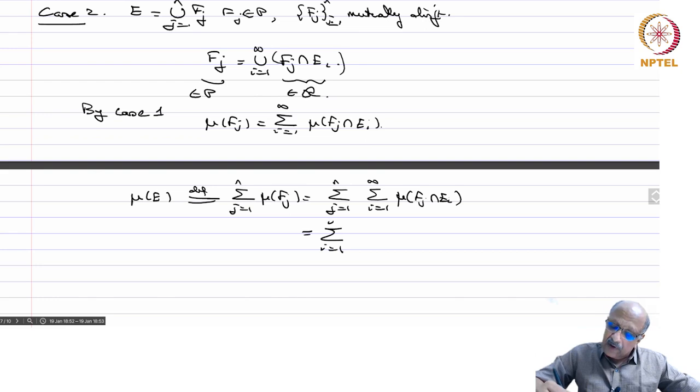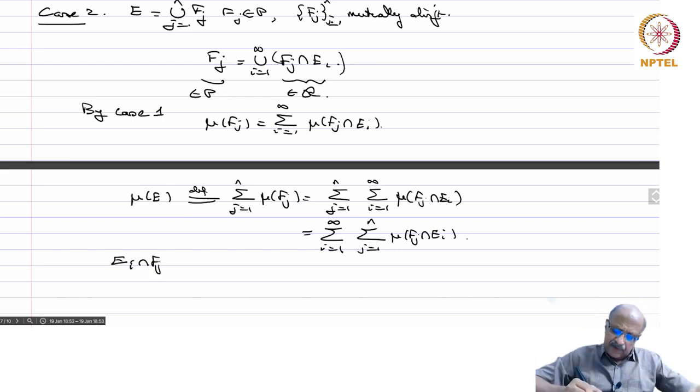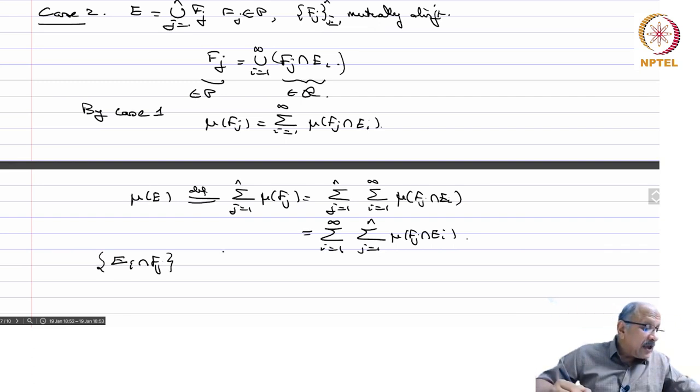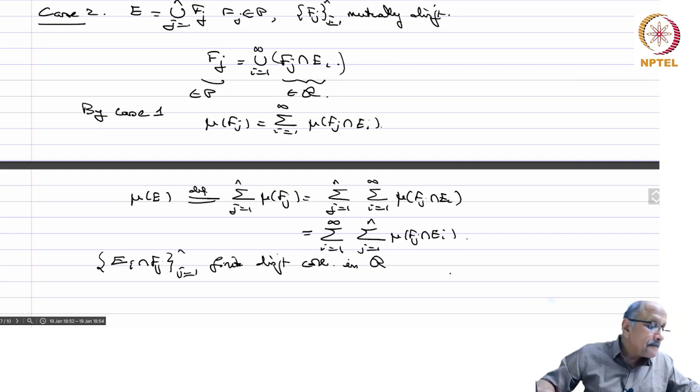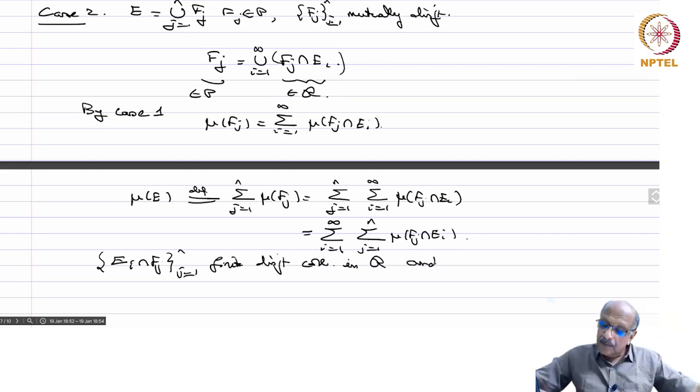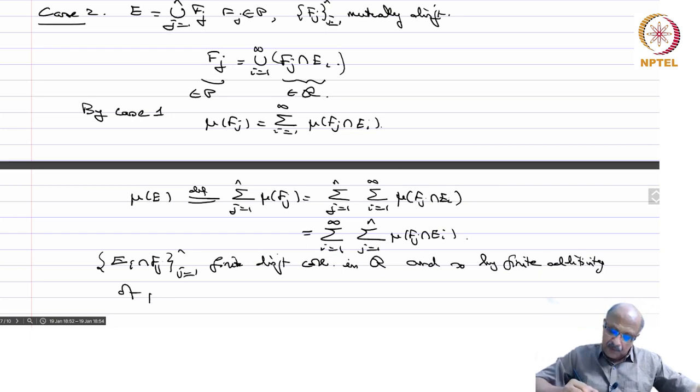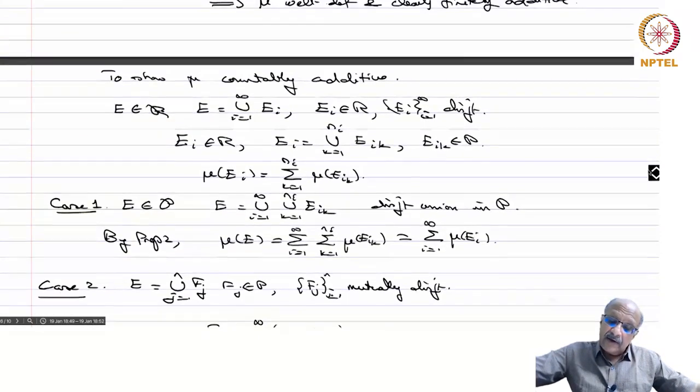So the sum over i equals 1 to infinity, sum over j equals 1 to N of mu of Ei intersection Fj. The Ei intersection Fj, j equals 1 to N, is a finite disjoint collection in R, and so by finite additivity of mu in R, okay, we have already said clearly it is finitely additive.